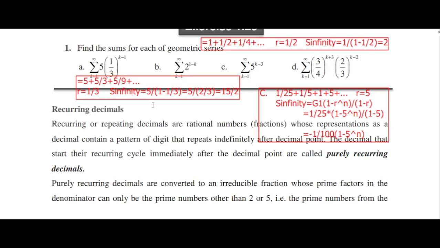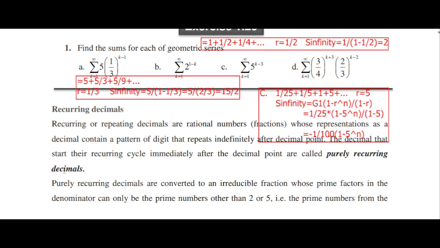Let's go to the next subtopic. Recurring decimals. Recurring or repeating decimals are rational numbers or fractions whose representation as a decimal contains a pattern of digits that repeats indefinitely after the decimal point.